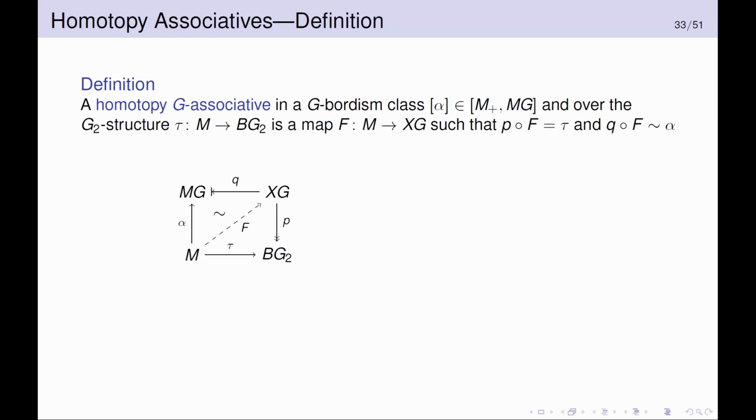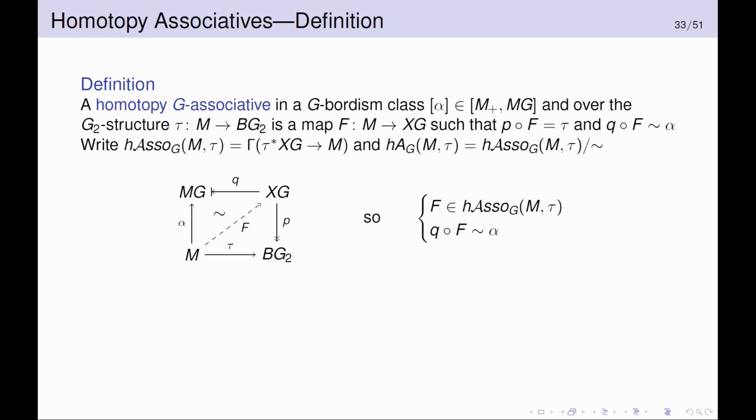So we want to be exactly over the point in the classifying space BG2 that we had fixed before. However, for the cobordism classes, this is a bit too much to ask for, so we want that the upper triangle commutes only up to homotopy. Which means that if we take Q after F, we get a description of some object in the same cobordism class, but it would be a different thing.